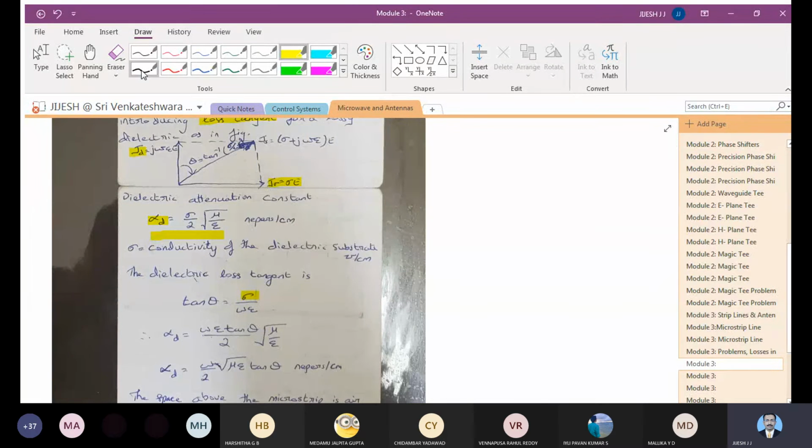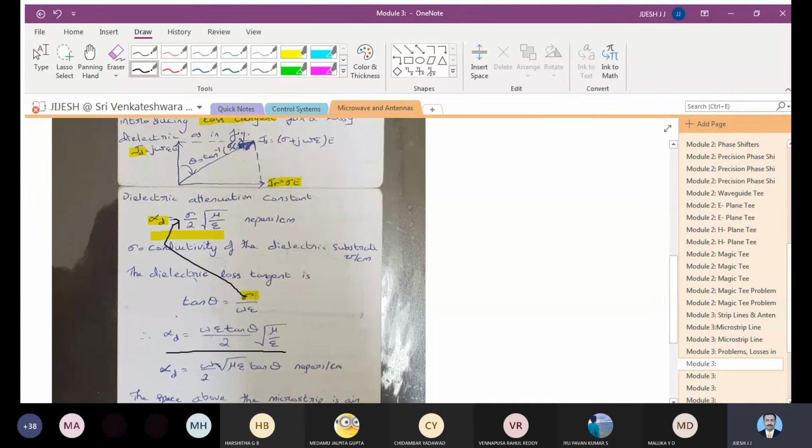So you can see here that in place of sigma, I have substituted in this equation. So I get alpha D is equal to omega epsilon tan theta divided by 2 root of mu by epsilon.